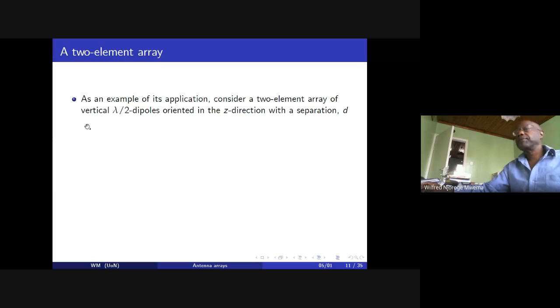So as an example of this application, we are going to consider a 2-element array of vertical lambda by 2 dipoles, oriented in the z direction with a separation d between them.